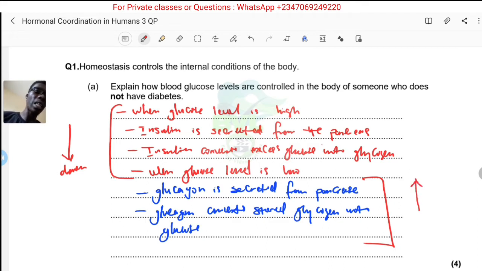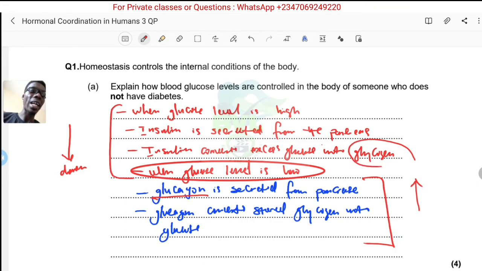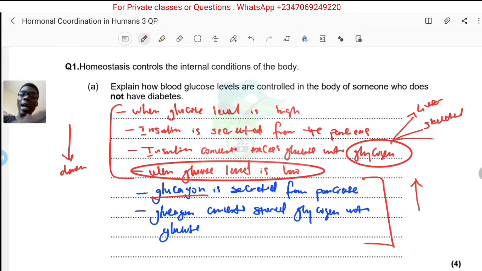When glucose level is low, that stimulates the pancreas to release glucagon. And glucagon will do what? Convert the glycogen that was stored. It's usually stored in the liver, in the skeletal muscles basically, maybe in the fat cells also.